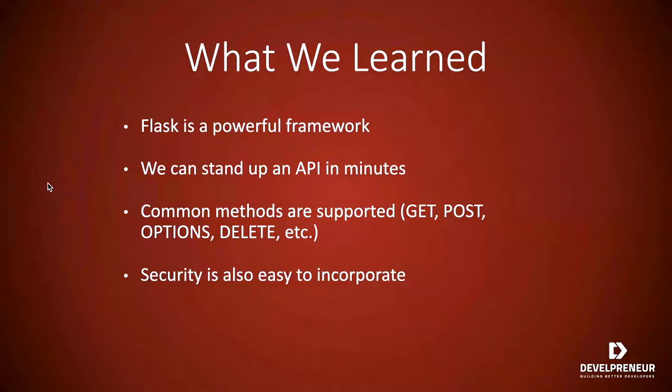We want that ideally pretty much set up for us, which is exactly what we get in this situation. And it supports all the common stuff we would need for an API. We can do gets, posts, puts, and we're off and running with that. It supports options by default, so it's going to tell you what's available for that endpoint.